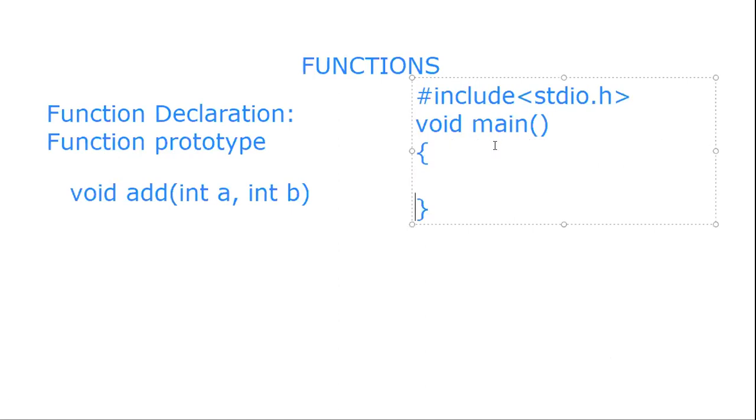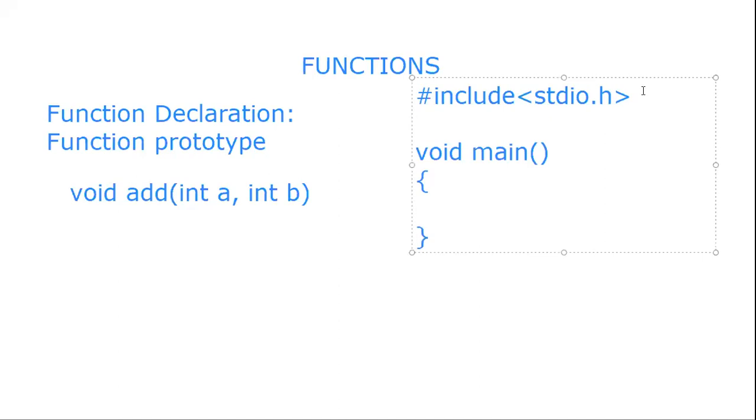Here we can write the prototype in different ways depending on the function. If we are defining the function, we can define it before main. Note this: here we are writing void add, int a, comma, int b. This is the function prototype.